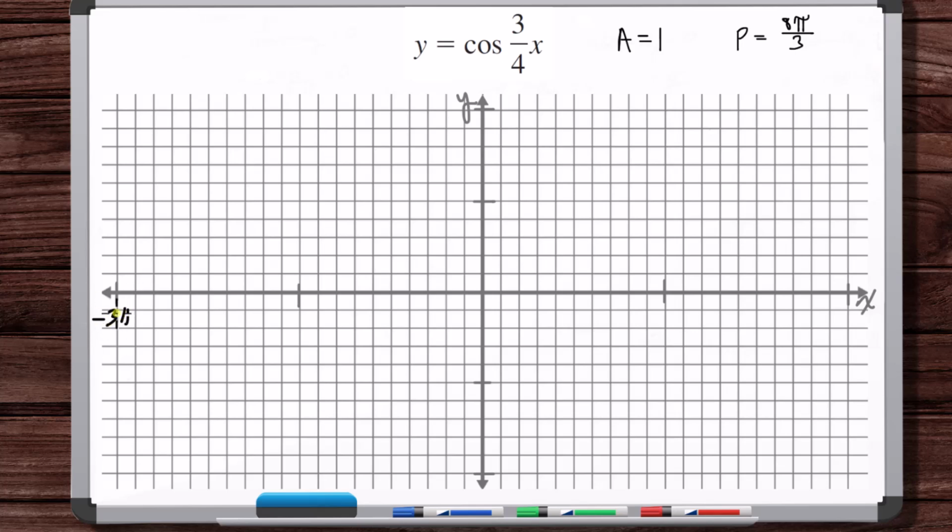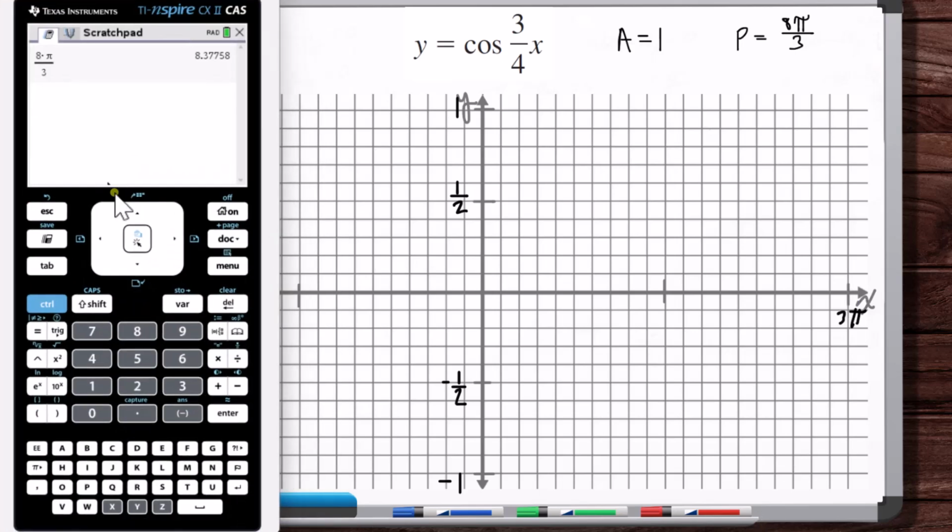Okay, and then this is 1 and -1. Now, we have 20 tick marks going from the origin all the way out. So we divide 3 pi by 20, and each tick mark is around 0.47.